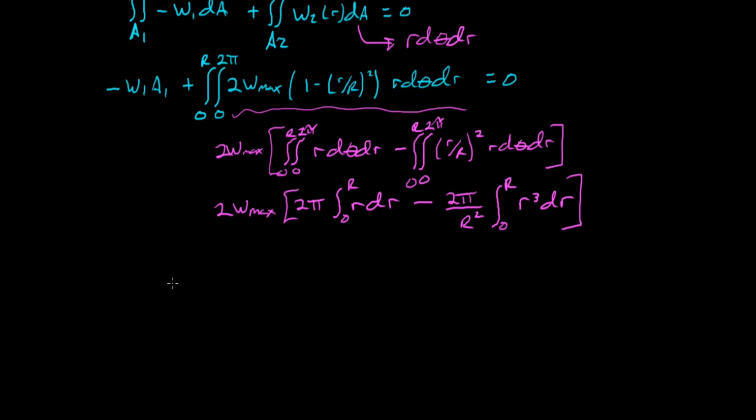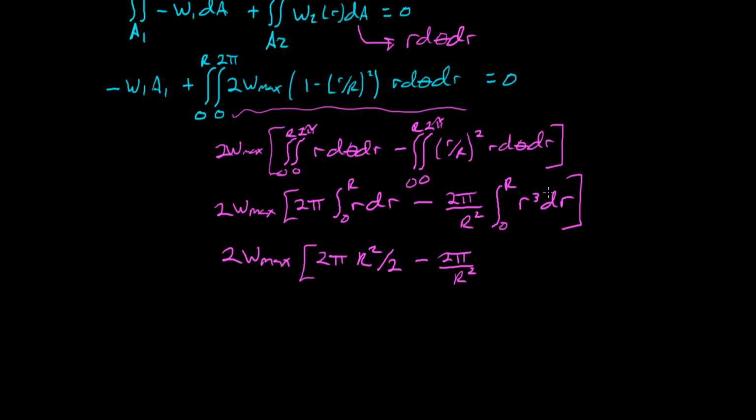Okay, so now we can integrate these with respect to r. 2 W max, we've got 2 pi. Now the integral of r dr is just r squared over 2. Sub in for 0 and capital R, that just gives us R squared over 2. Now minus, we got 2 pi over capital R squared.